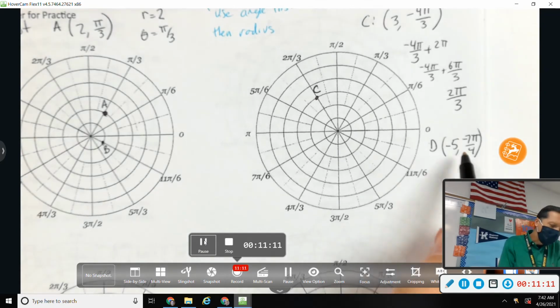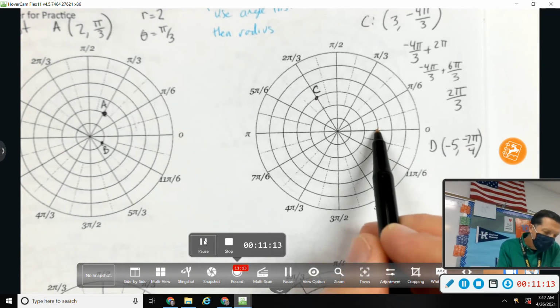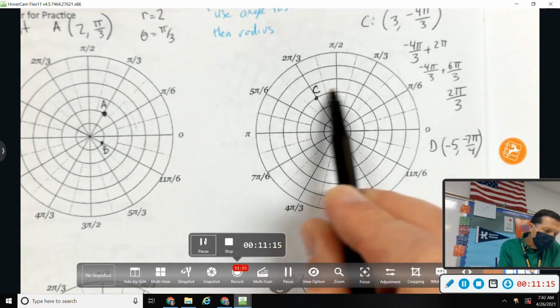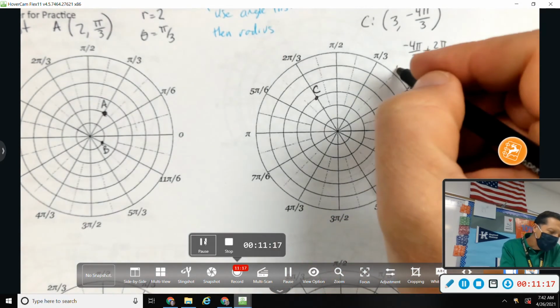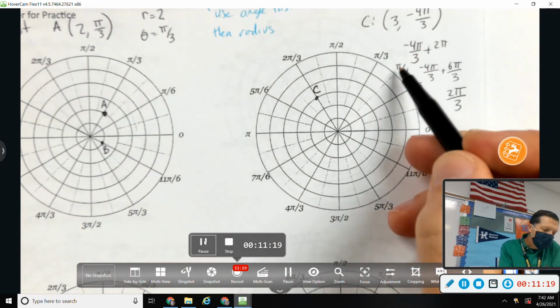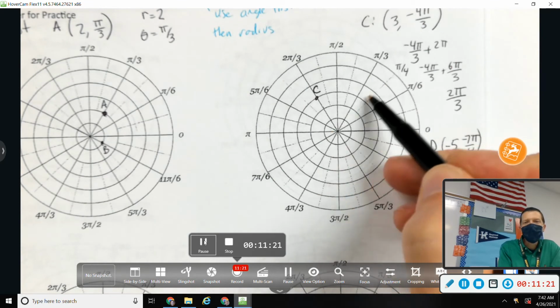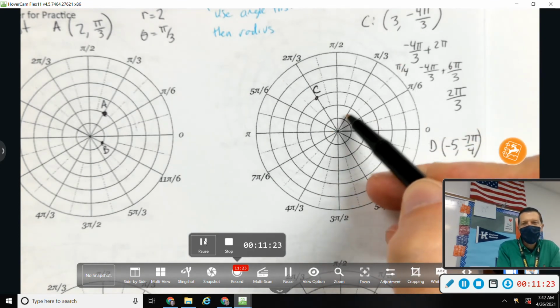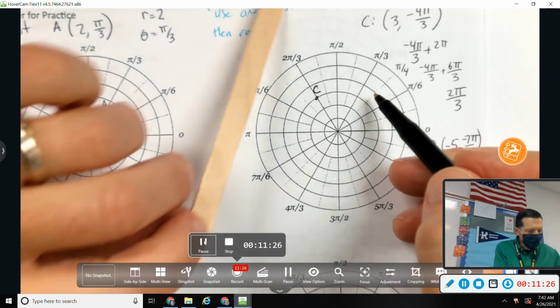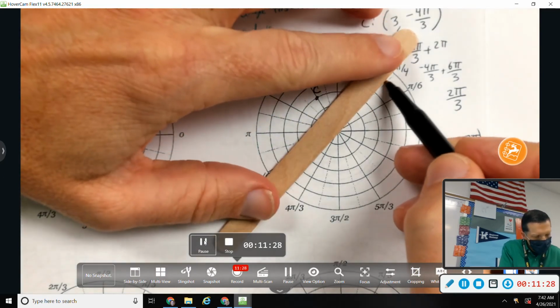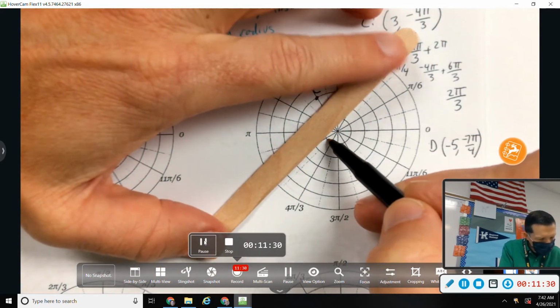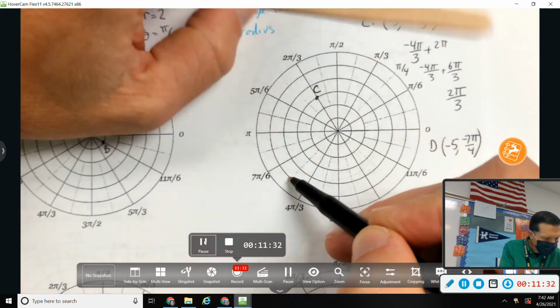All right, so -7 pi over 4, backwards, backwards, backwards, backwards, almost all the way around to pi over 4. So there's -7 pi over 4. But then -5 means go backwards. So go backwards 5. 1, 2, 3, 4, 5.